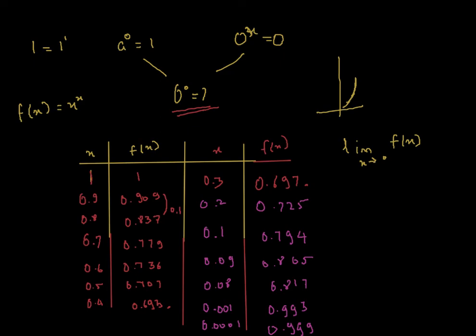So the limit as x approaches 0 of f(x), where f(x) is x raised to x, is approaching 1. Some calculators have less precision, so they can't calculate numbers with precision of 10 raised to minus 6 or 7.